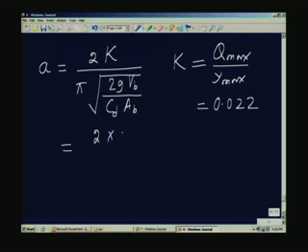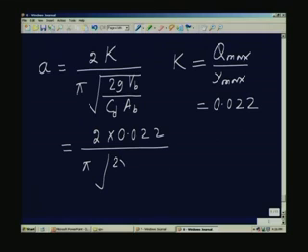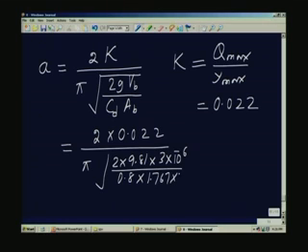This will be 2 into 0.022 divided by pi square root of 2 into 9.81 into 3 into 10 to the power of minus 6 is the volume, divided by CD is 0.8, and the frontal area is 1.767 into 10 to the power of minus 4, this whole thing under square root, and this works out to be 0.022. The taper parameter comes exactly equal to 0.022.